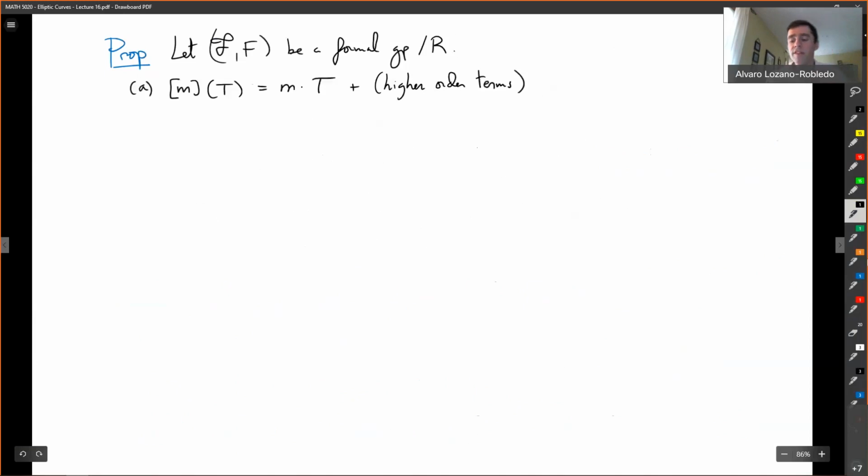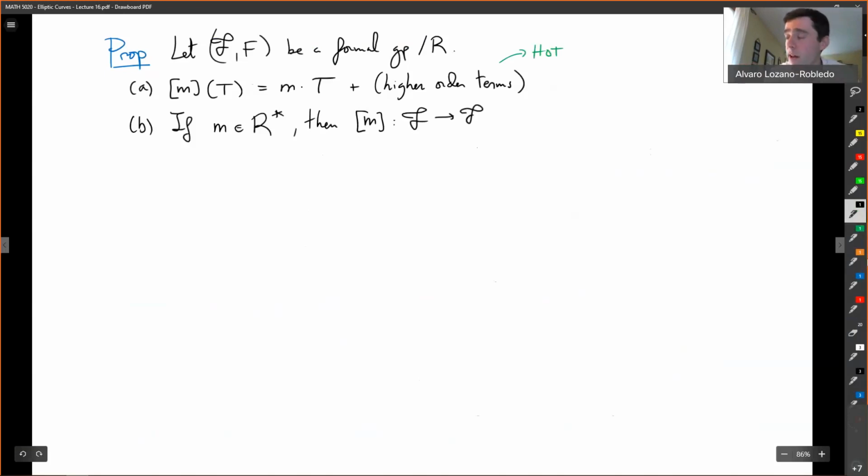Okay, so the first term is m times T plus terms in T squared and higher. We will abbreviate this by h.o.t. And then, B, more importantly, if m is a unit in R, then multiplication by m is actually an isomorphism of formal groups.